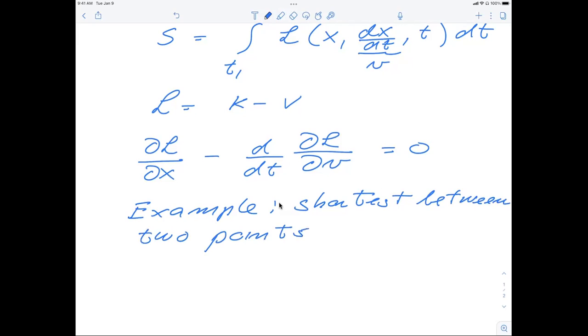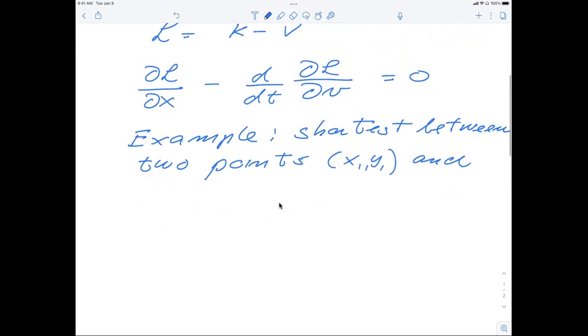And now we are not going to deal with time, but with x and y. So these are just 2 points, x1 and y1, and another point which we just call x2 and y2.